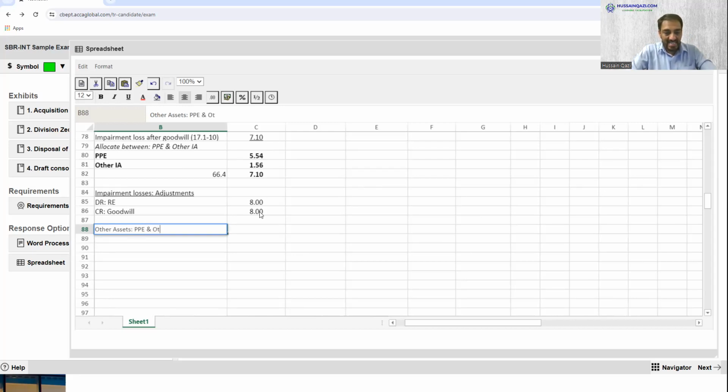But the other assets, PPE and other intangibles of the subsidiary, we make the adjustment like this. Debit retained earnings 80%, debit NCI 20%. Credit PPE, credit other intangible asset.